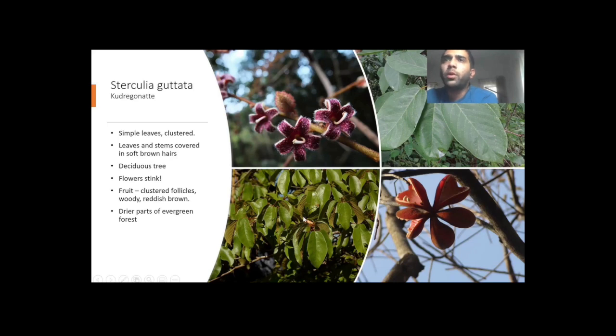On those edges, you might find these trees. When they drop all their leaves, after a while they flower. So you might see the whole tree without leaves, but only these flowers, and these flowers actually smell a little bit. They stink. So you may not know where the stink is coming from, but if you just smell these flowers, then you'll know. And they have this very characteristic fruit, which is in a cluster, and they can be bright red.